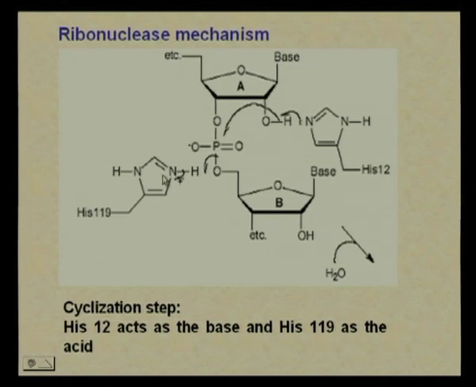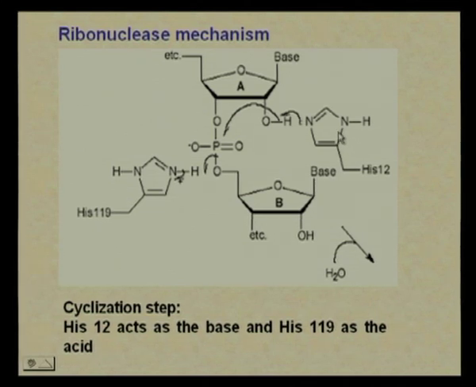Now, we come to the protein molecule itself. The protein molecule we know now is a long polypeptide chain where we have our histidine 12, this histidine on the right hand side, and we have histidine 119 on the left hand side. Now, the first thing that is going to happen is you see this OH, right? This hydrogen is going to be abstracted by histidine 12, not histidine 119.